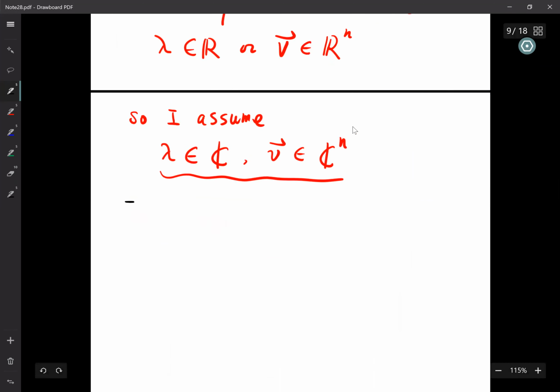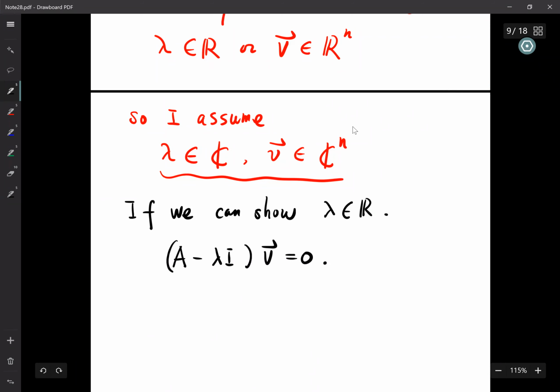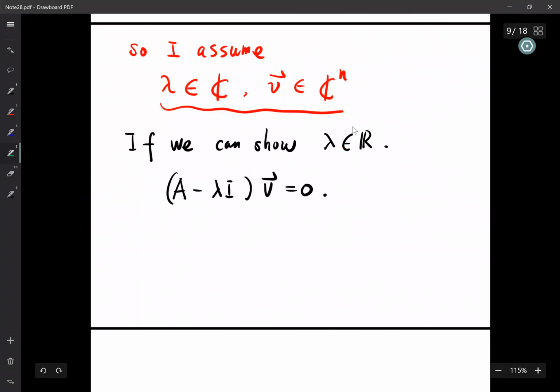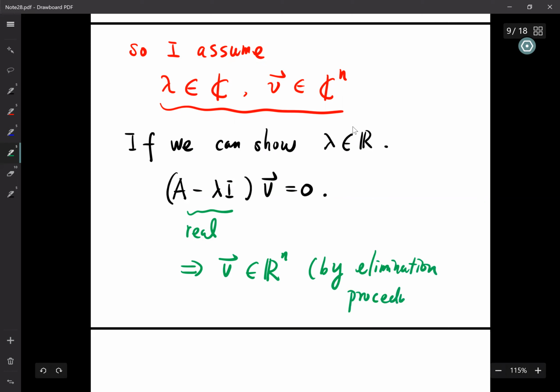So if we can show lambda is real, then (A minus lambda I) v equals 0, and this is real, then this gives v is in R^n by elimination. Any question? So this is the key.